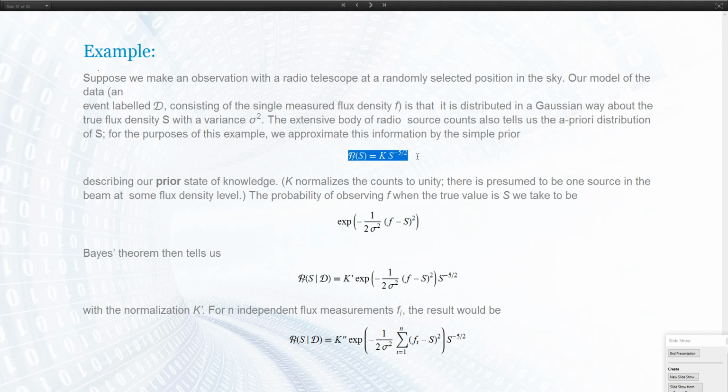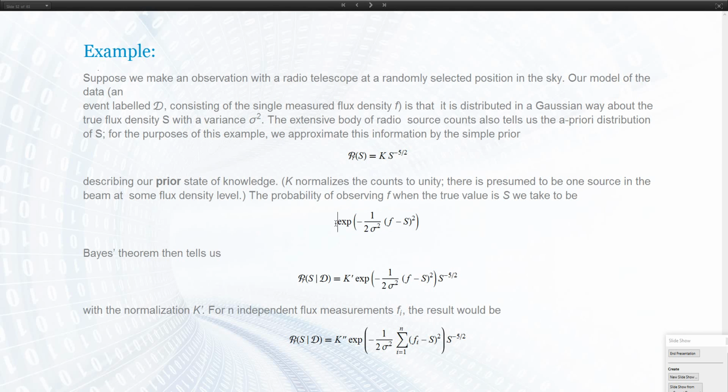So that means our likelihood, so given some true flux that's actually emitted, the probability to observe a flux F is this, because we assumed we have some normal distribution around the true value. Like when you do the practica, for example, then you also assume a similar thing. Okay? So that's the likelihood, that's our prior probability.